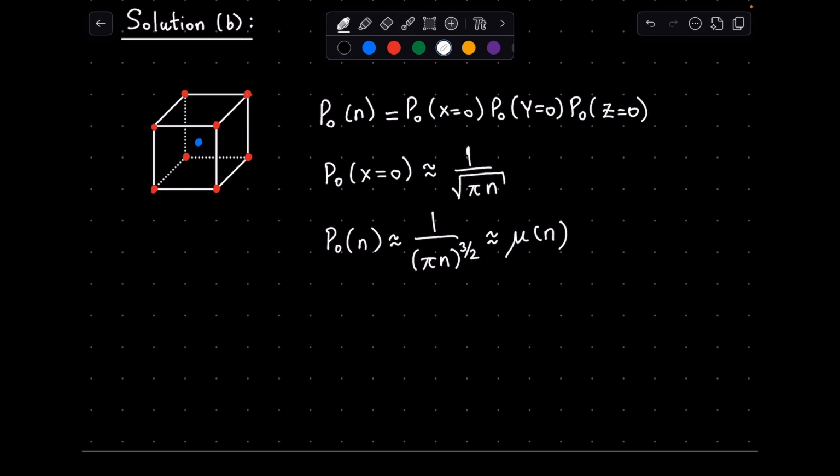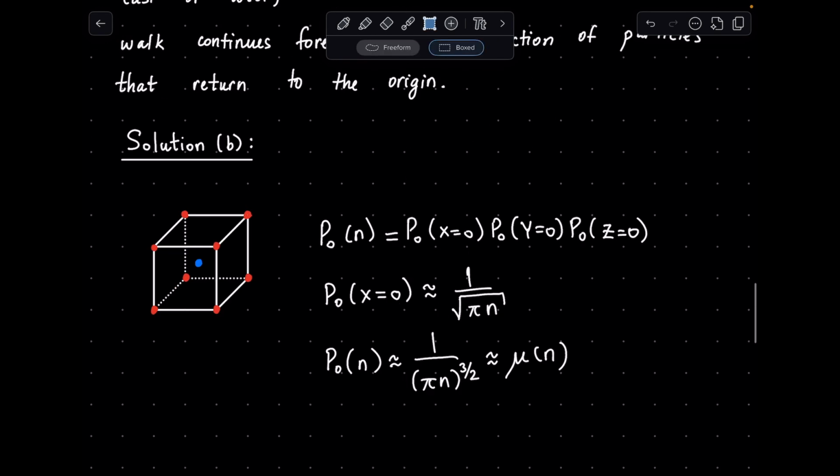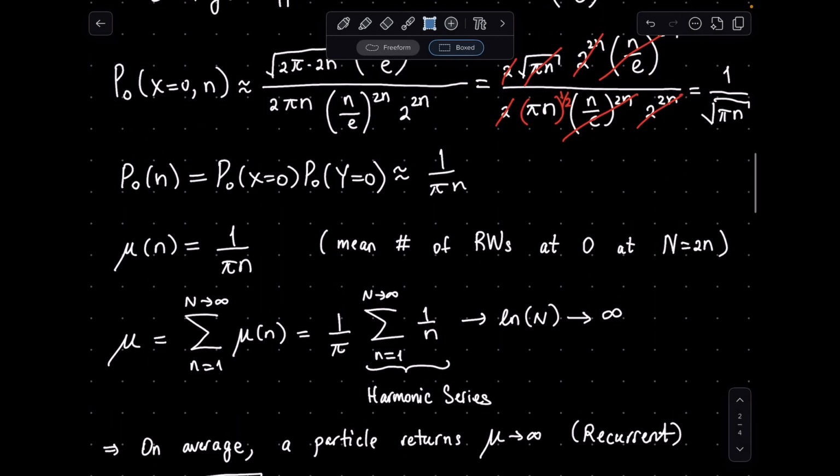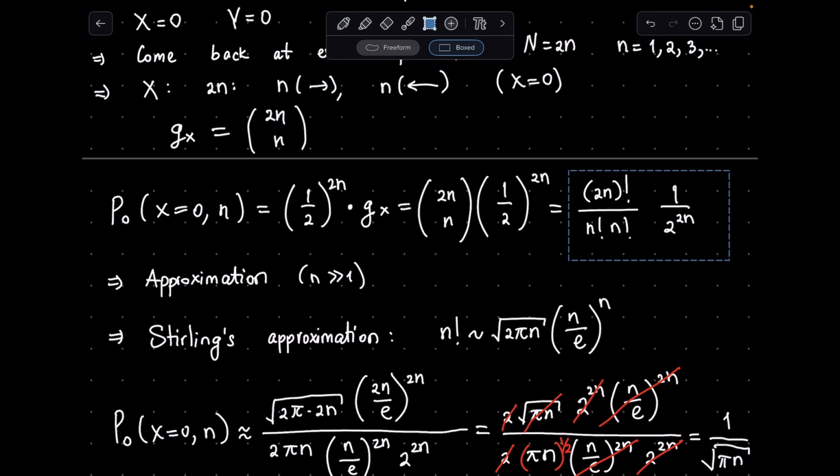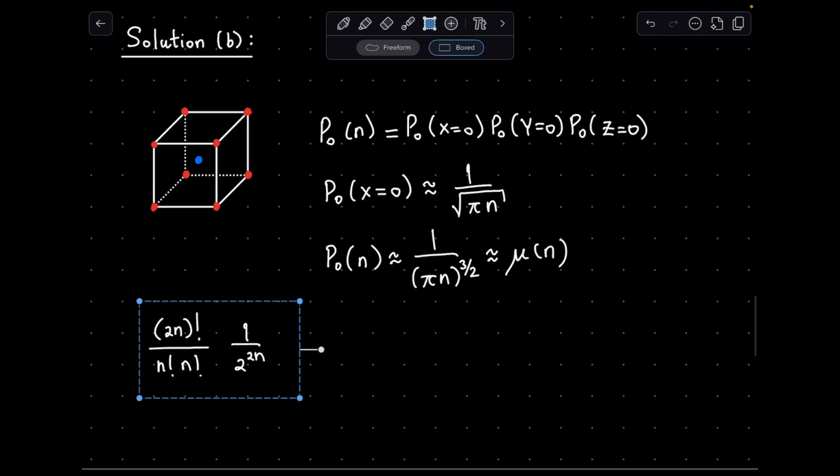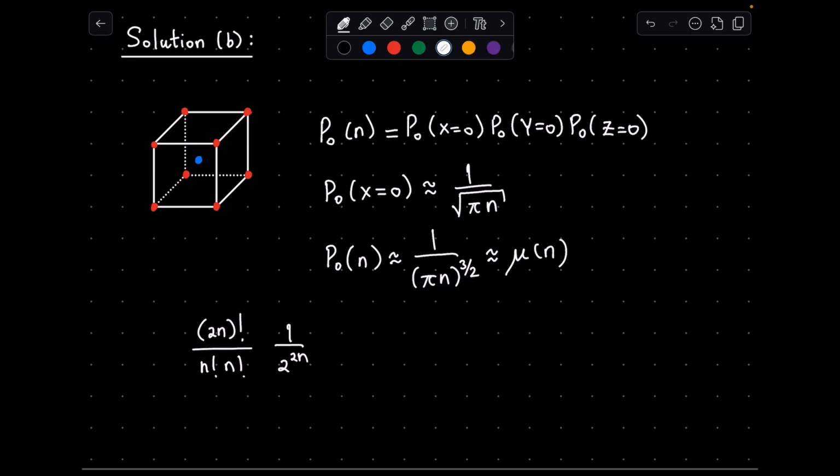Instead, let's try to work with the exact formula. So let me copy the exact mu n from the above for the one-dimensional case. And it's going to be to the power of 3 of that expression. Now we take the summation of this expression from 1 to infinity.